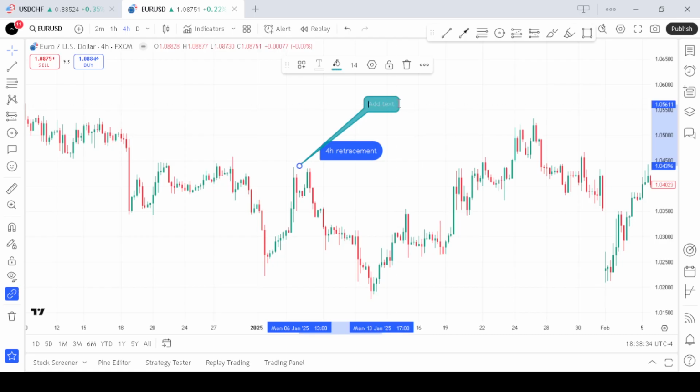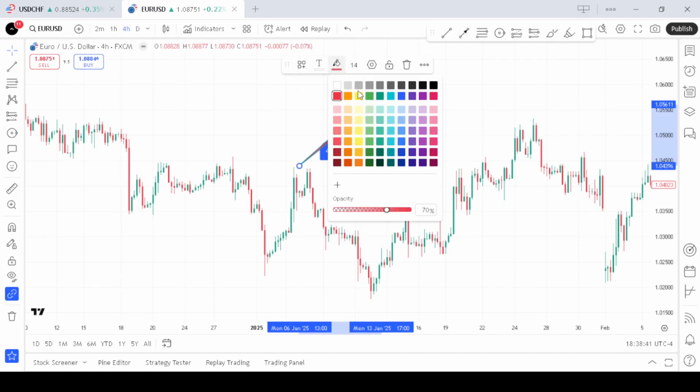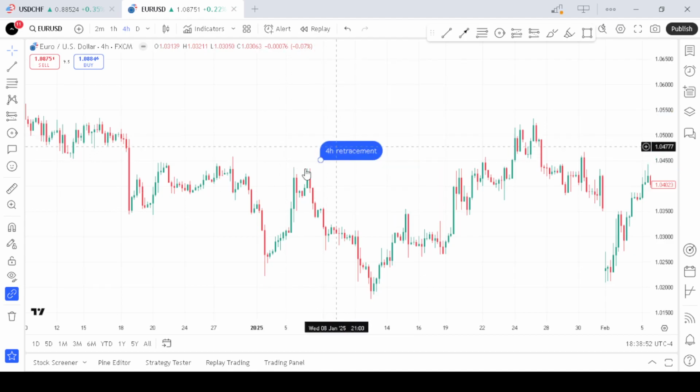You can also customize these features by changing the color however you please. You can change the color and make it more visible, or you can make it a little bit transparent, however you want it to be. You just need to set the settings to whatever way you like.